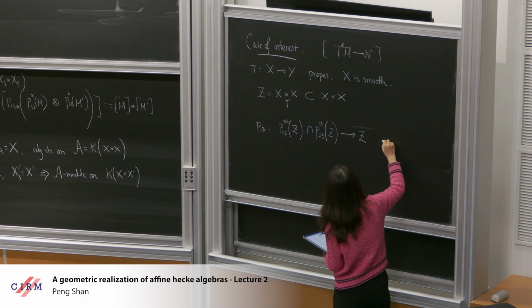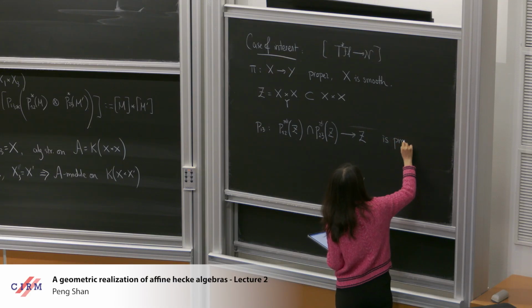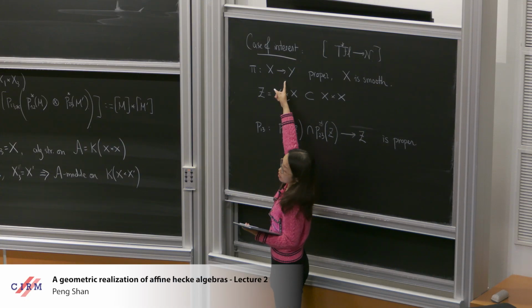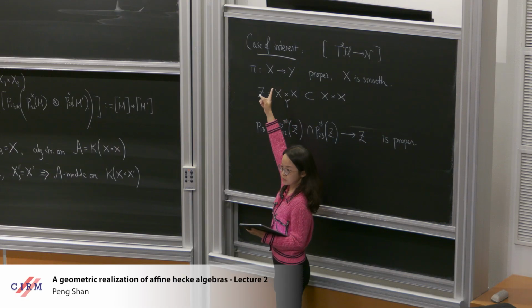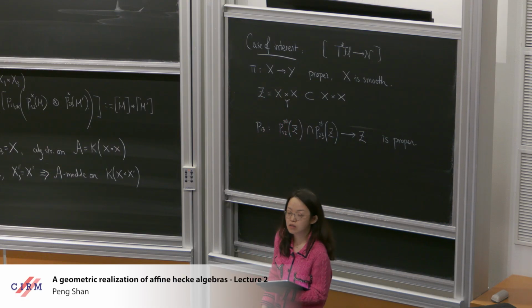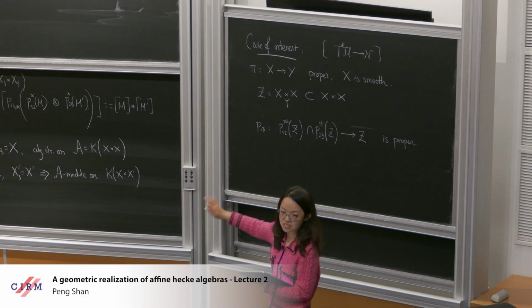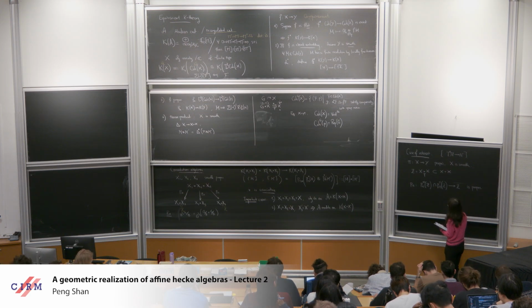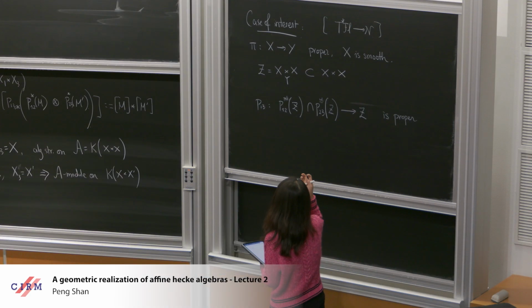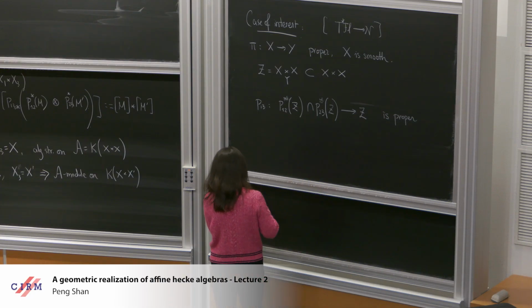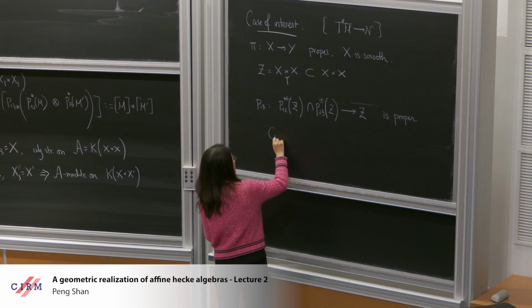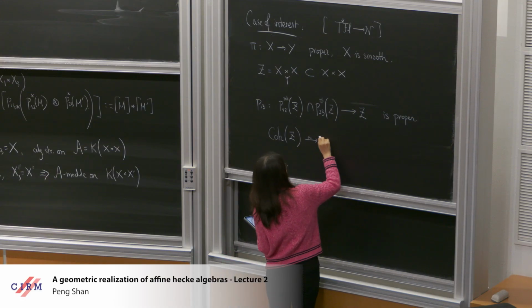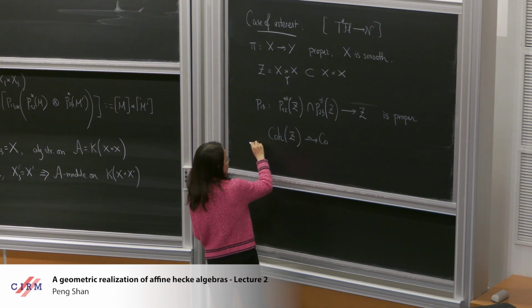This follows from analyzing the fiber, and this follows from the properness of the map pi. So if you start with sheaves which are supported on Z, we can identify coherent sheaves by push forward, at least at the level of K groups.